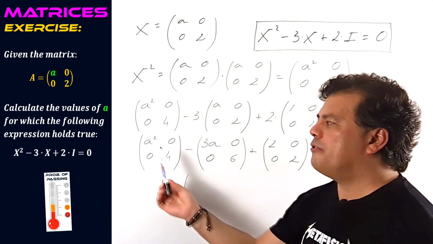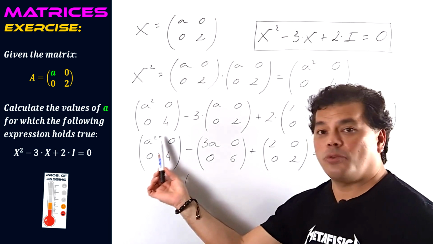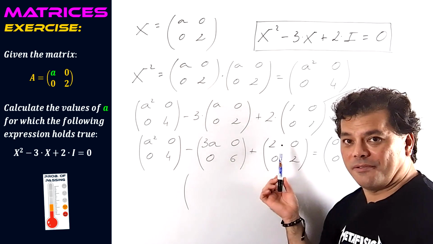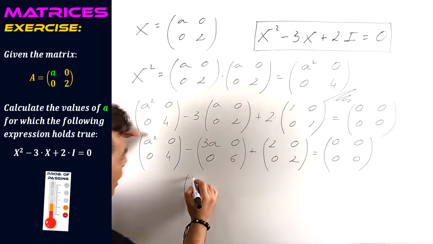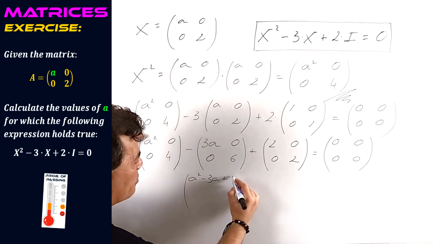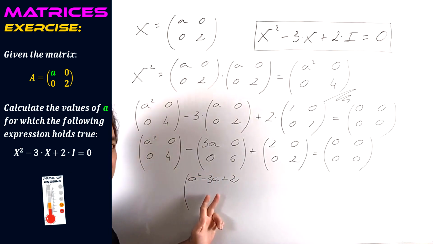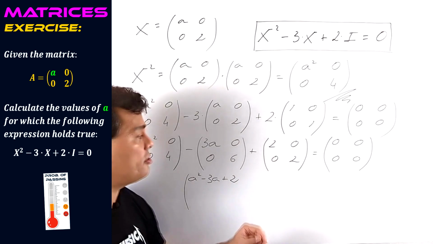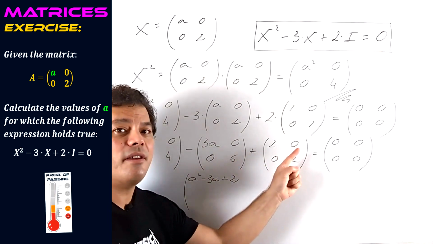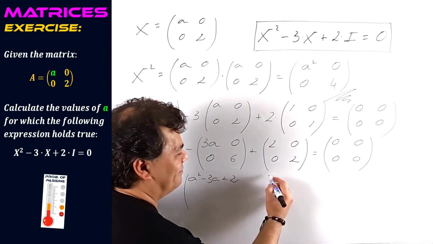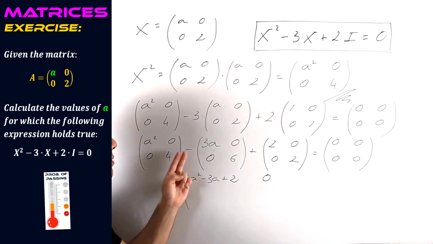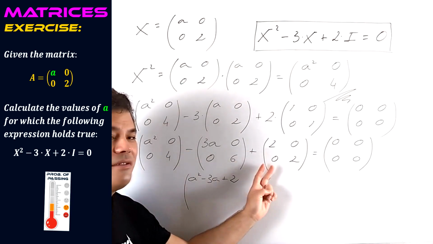Let's consider the first position. A squared minus 3A plus 2. The first position. Second position, 0 minus 0 plus 0. 0. Third position, 0 minus 0 plus 0.